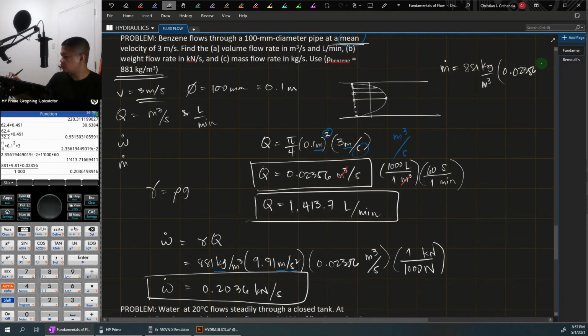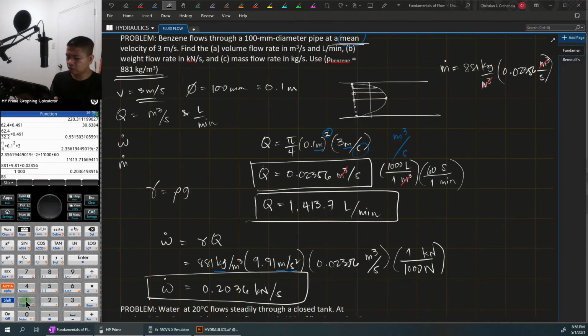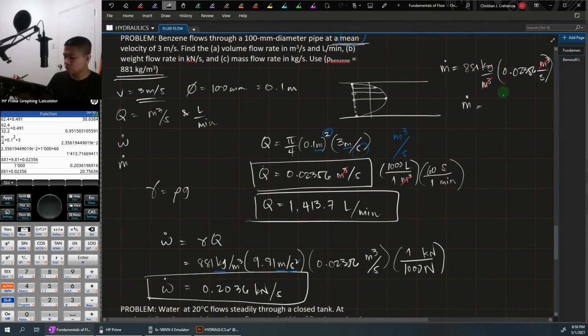Unit natin dito is cubic meter per second. Okay? So we can cancel this. So 881 times 0.02356. So we have 20.756 kilograms per second.